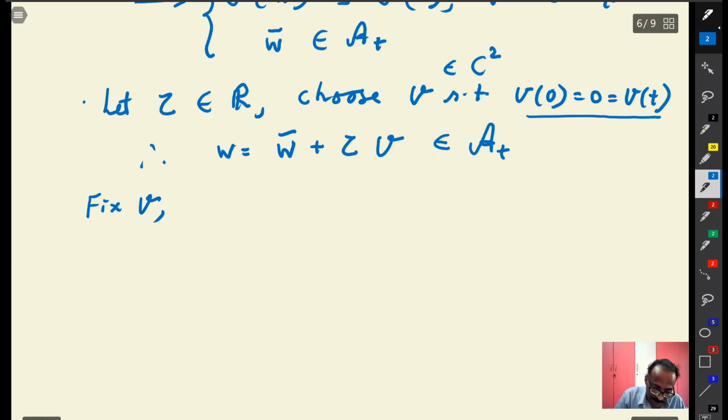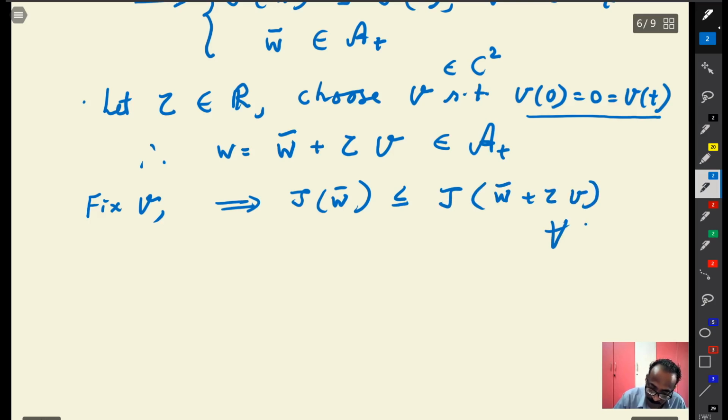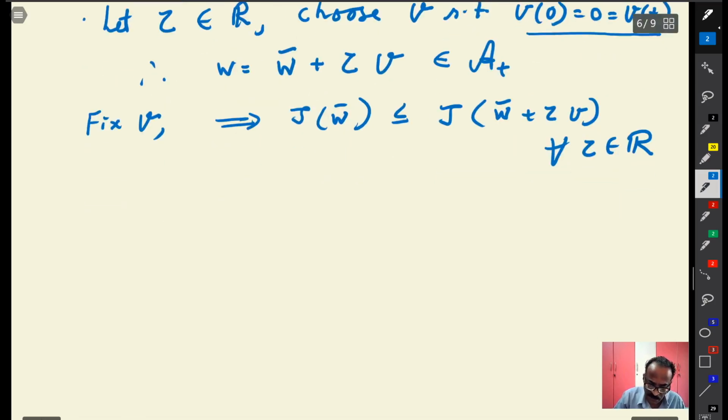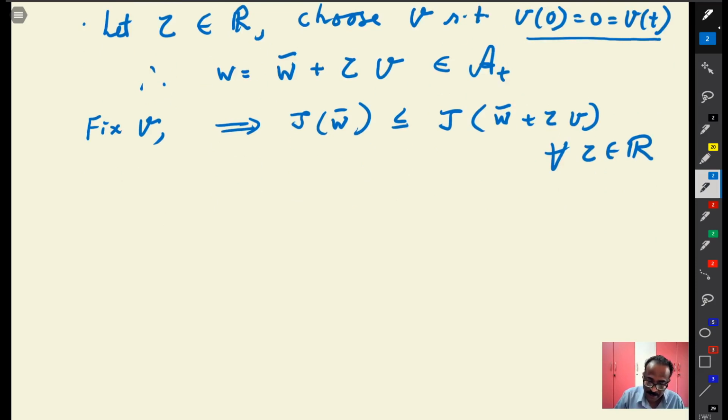So fix v, and that implies J of w bar is less than or equal to J of w, that's nothing but w bar plus tau v. This is true for all tau real. Now you will try to do a differentiation process.